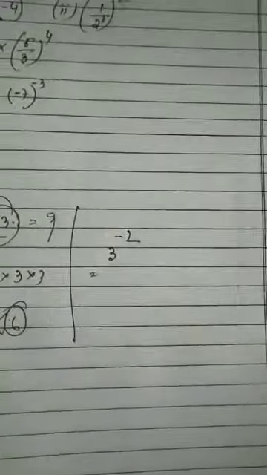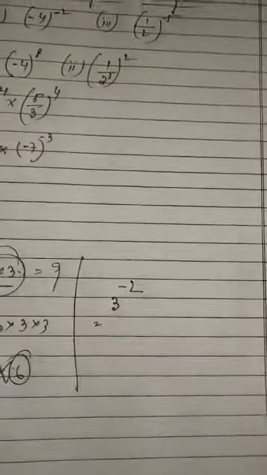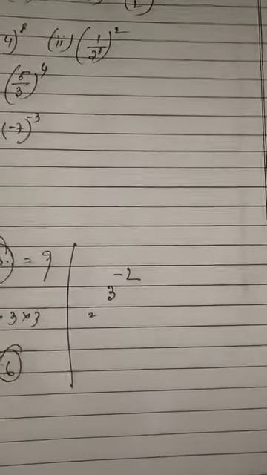Suppose the first question of exercise 12.1, 3 to the power minus 2. What about this one, when the power is in negative form? Children, always keep in mind, when the power is negative, it means that the base with its power is in the place of the denominator.